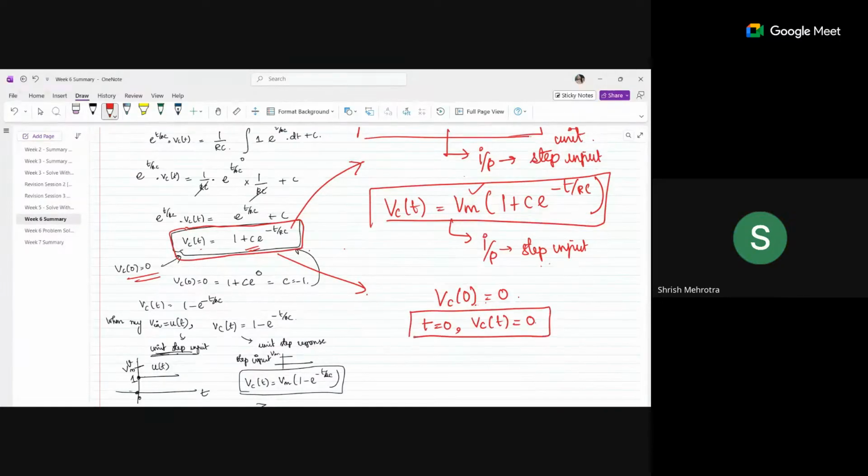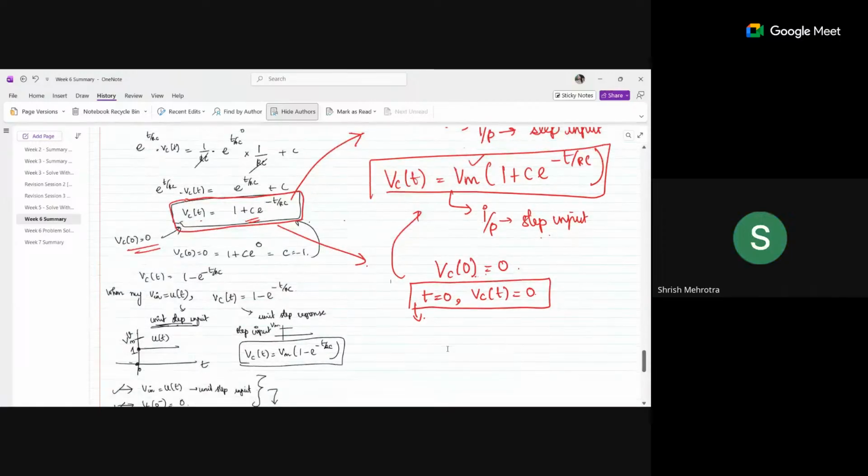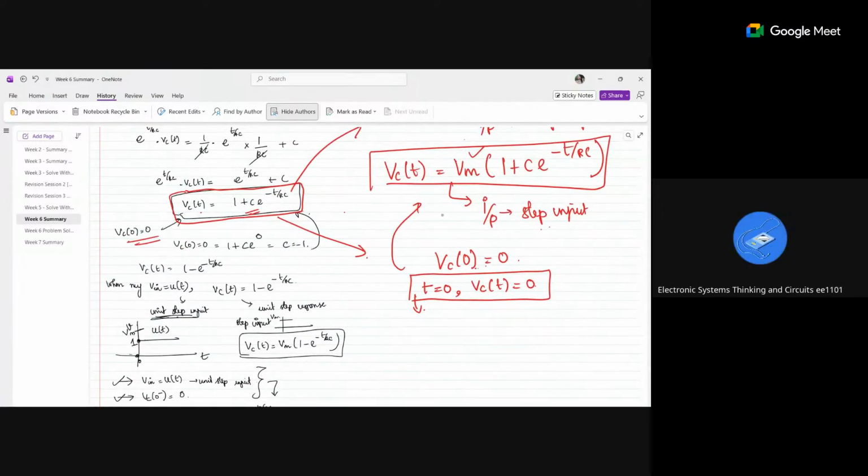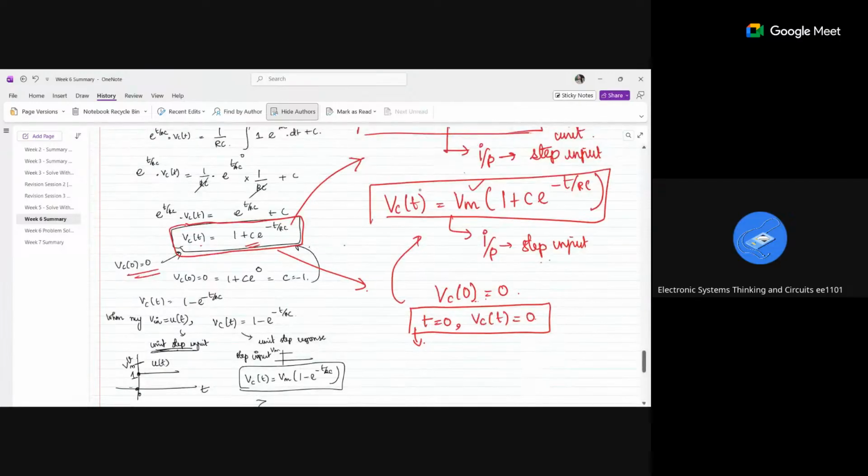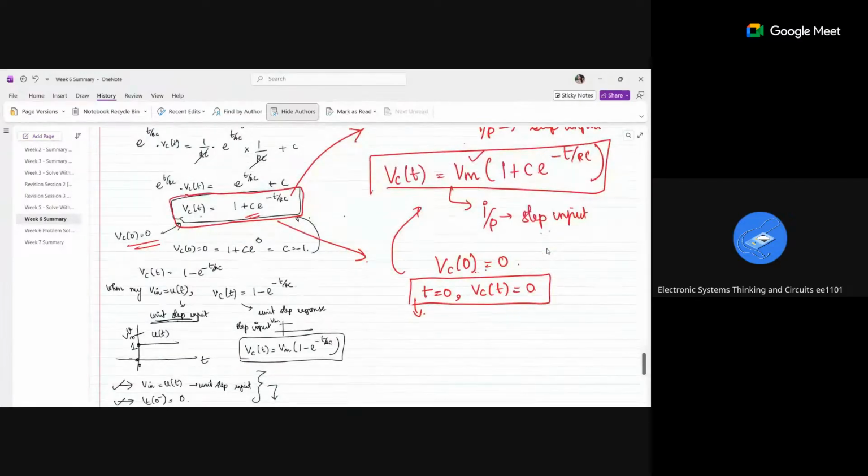So I will apply this equation in the unit step input formula, so that I'll take Vm equal to 1. So Vc of 0 is equal to 1 plus C e power, instead of t, I will replace it with 0.